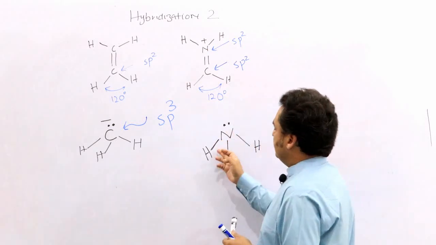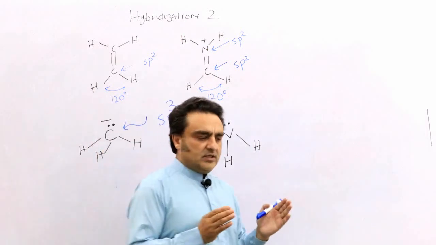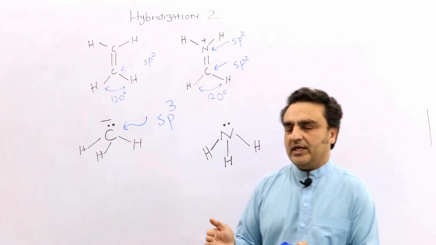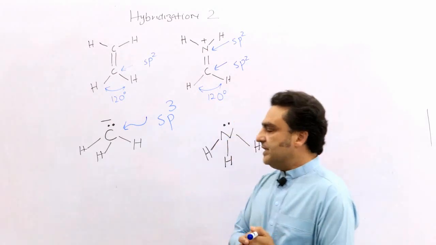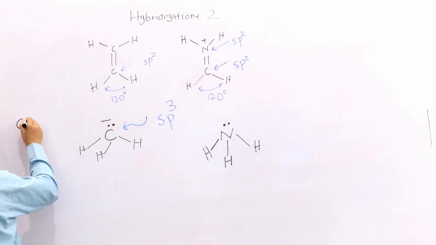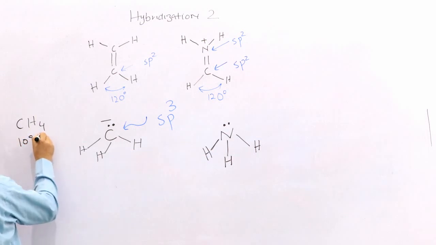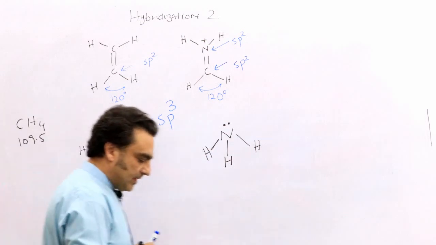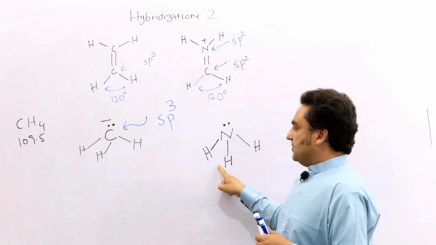But the angles in a real tetrahedral molecule, which was CH4 methane, which we took as a standard or a reference, the methane molecule has 109.5 degrees of angle. What about this molecule and what about this molecule?